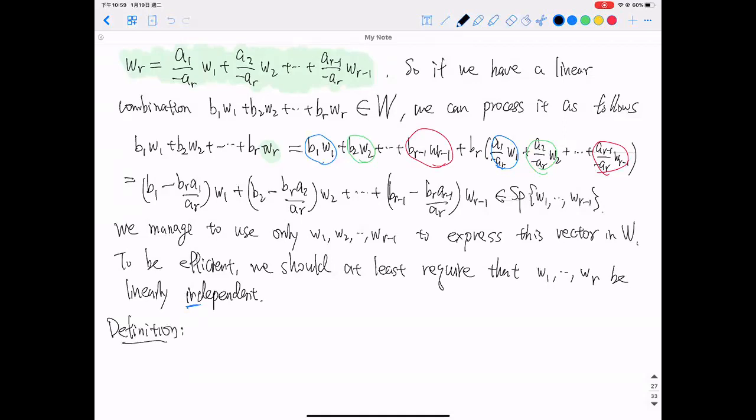The setup is, again, you have a subspace W in Rn.